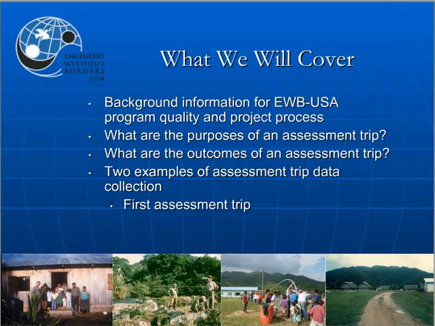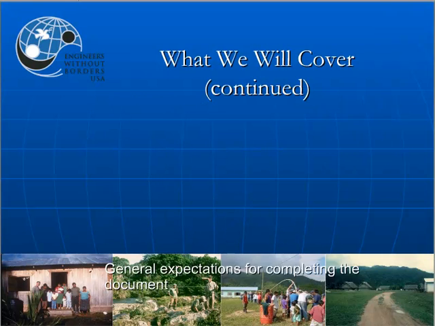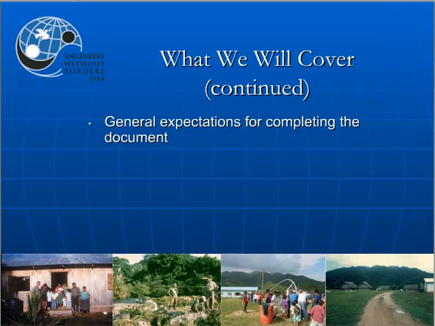This is regardless of whether it's a water project you may have or a bridge project. On your first assessment trip, you're going to have a lot of commonalities in the data that you're going to collect. And the second example will be for, say, a second assessment trip to a site for a water supply project.